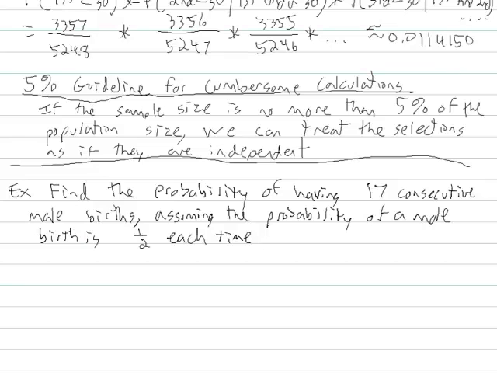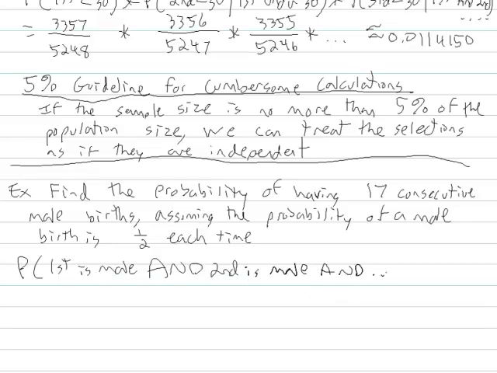So let's see what we get here. This would be the probability that the first birth is male, and the second is male, and so on. So, as we said, all of these events are independent, so we don't need to worry about conditional, this one given that one, any of that stuff.